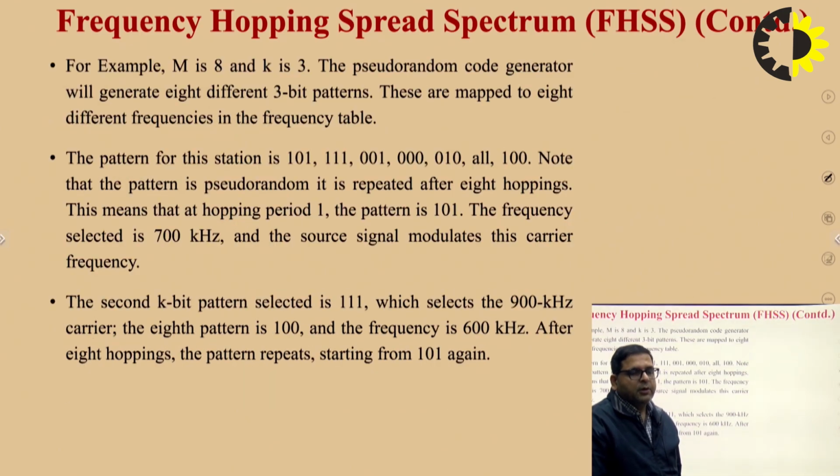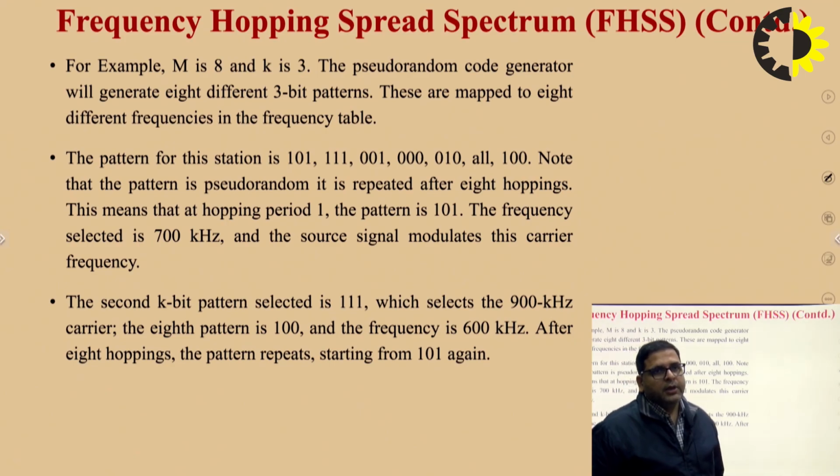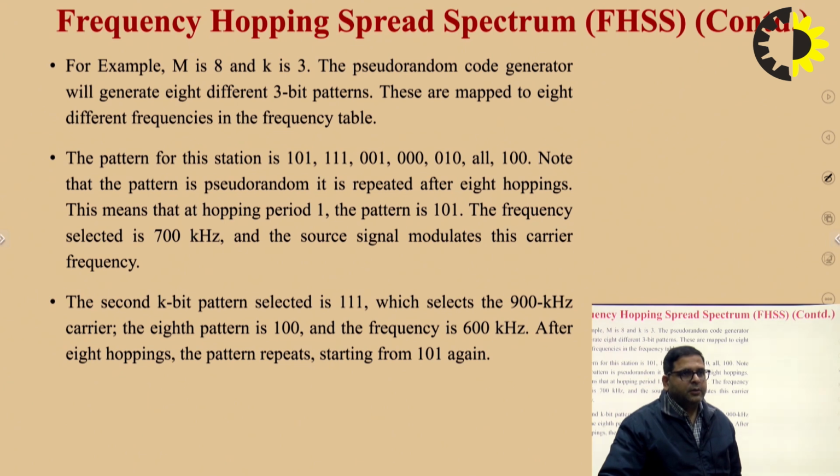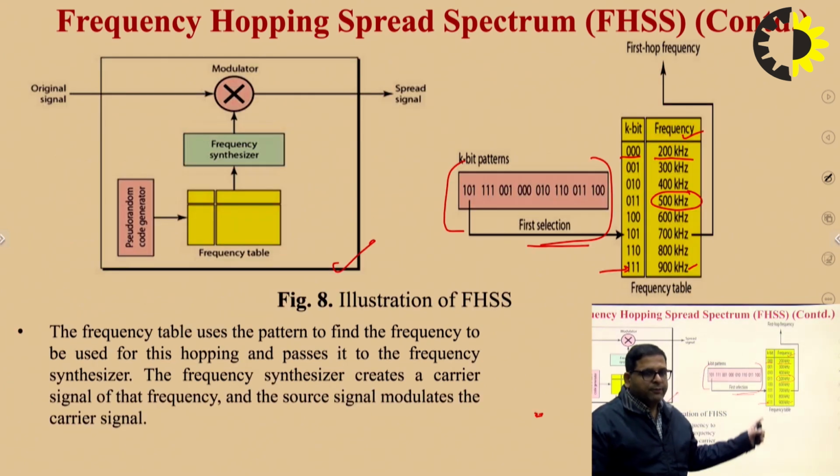For example, if M is 8 and K is 3, the pseudo random code generator will generate 8 different 3-bit patterns. These are mapped to 8 different frequencies in the frequency table, which is reflected in this table.